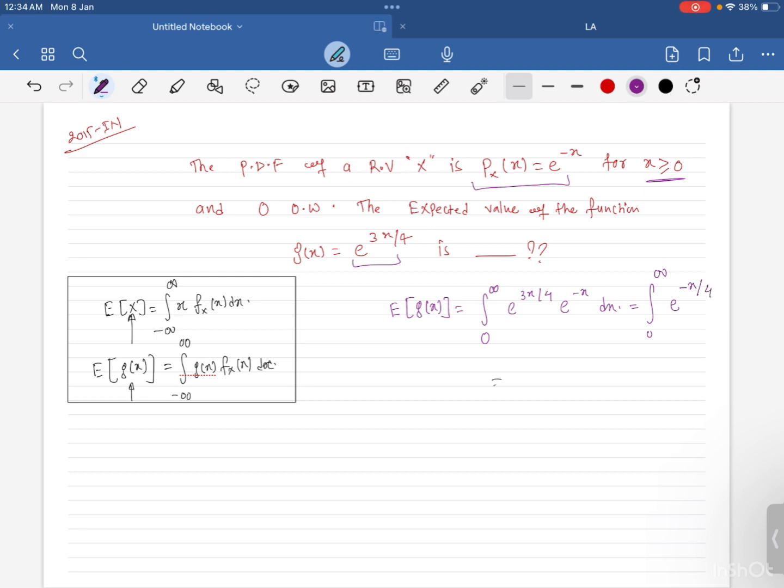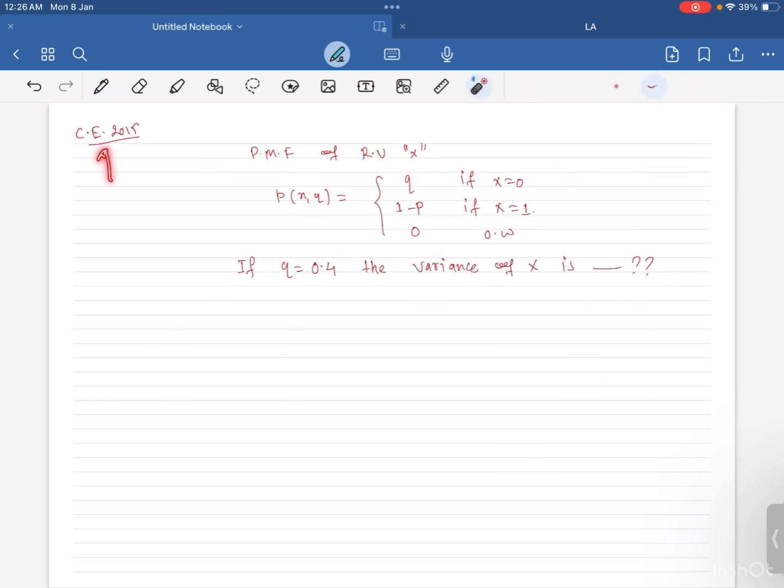And now we can take the integration, that would be e to the power minus x divided by 4 over minus 1 over 4. Integration from 0 to infinity: minus 4 e to the power minus infinity is 0, and e to the power 0 is 1, so we get 0 minus (minus 4). So the answer for this question is 4.